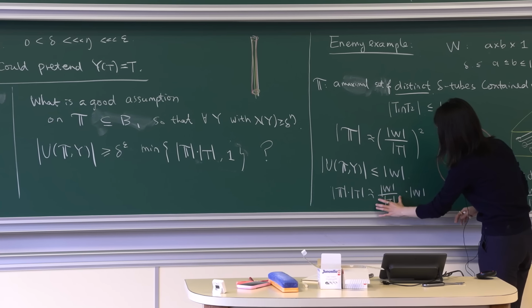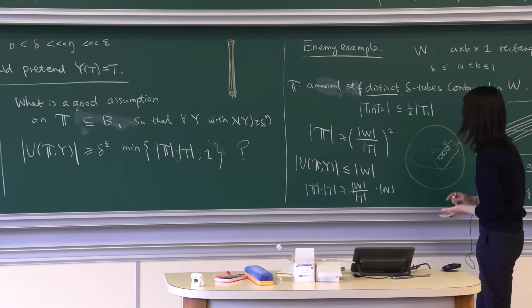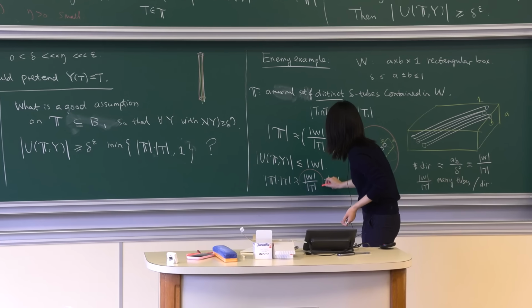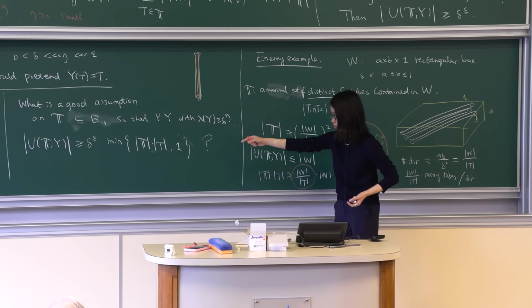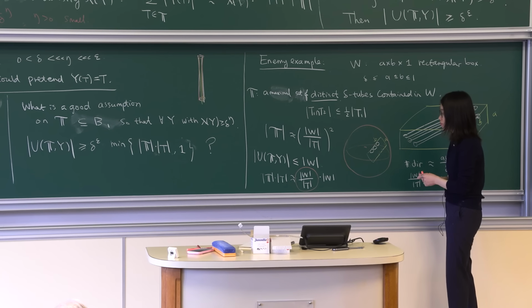This is usually much bigger than 1 if the volume of W is much larger than the volume of T. And this is by how much this example fails what we want to prove. So this is an easy enemy example.